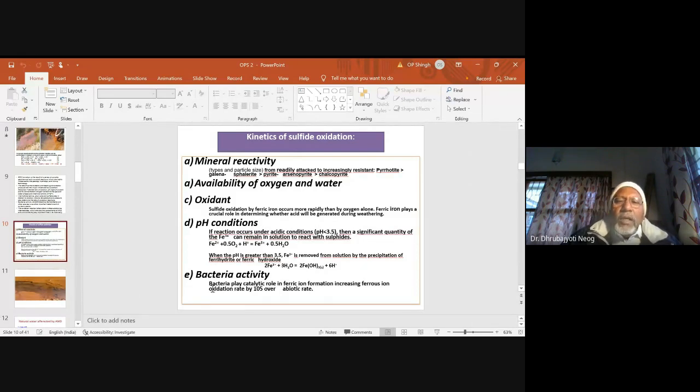And finally, the bacterial activity. So all these factors, mineral size or reactivity, availability of oxygen and water, oxidant like ferric ions, pH condition, and bacterial activity are responsible for the rate of the chemical reaction.